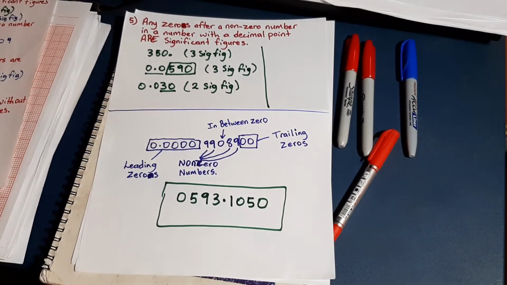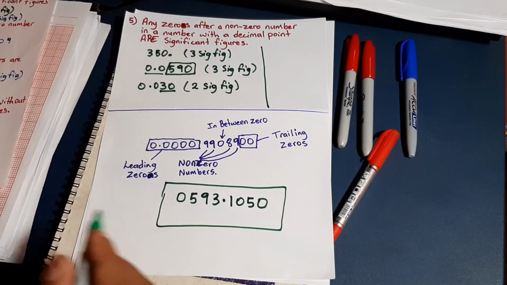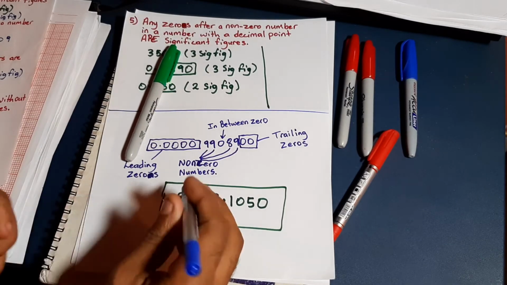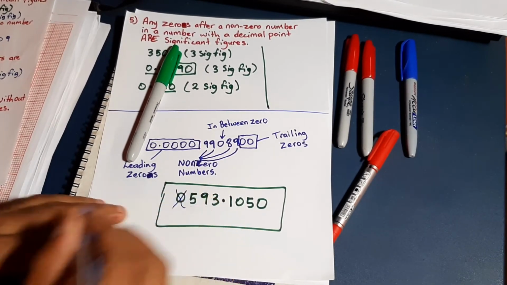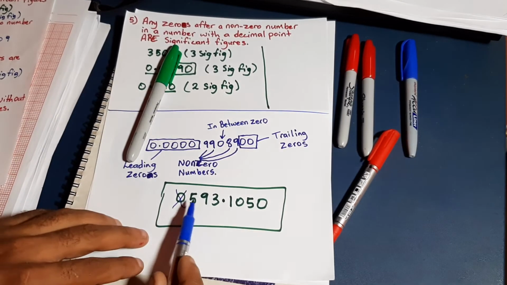Now, how many significant figures is this number written to? Now we know that the 0 at the front would not be a significant figure, so let me put an X across it. In the first place, it doesn't even make any sense to put a 0 in front of that number.